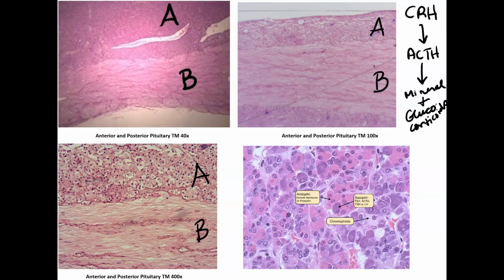CRH, corticotropin releasing hormone, comes from the hypothalamus and acts on the anterior pituitary and tells it to release ACTH, adrenocorticotropin hormone. That hormone then acts on the adrenal cortex so that it will release some of the mineral and corticosteroid hormones.